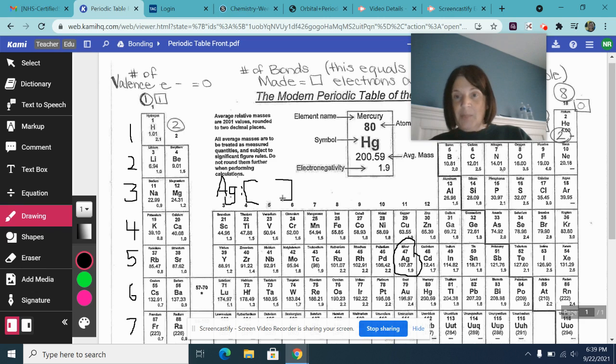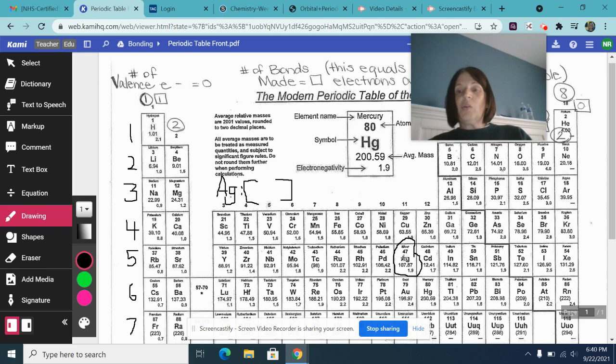Now the question becomes, which one do we choose? The rule is that for any element you're working with, you always choose the noble gas that is closest to it but has an atomic number that is less than the element that you are working with. So in this case, we're working with element number 47, which is silver.